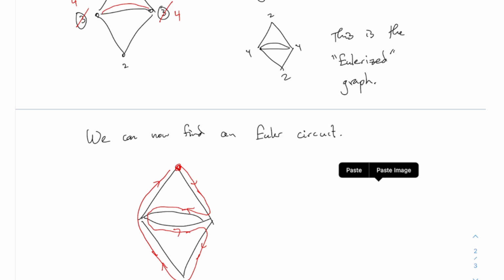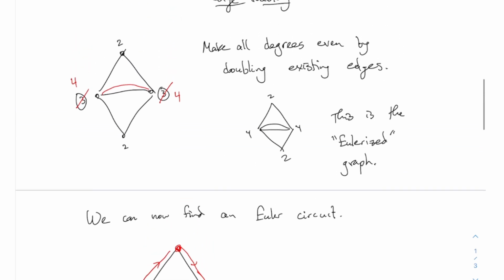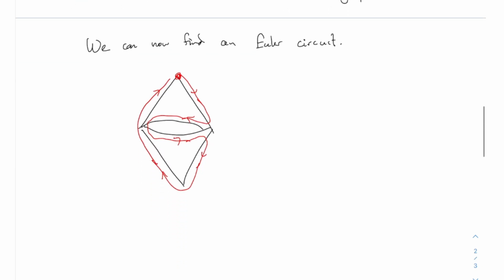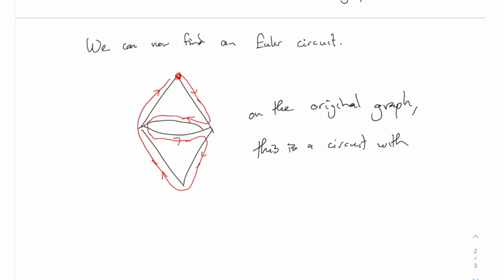What's the point of all this? Remember, really what we're looking for is a circuit on the original graph. So this is an Euler circuit on the Eulerized graph. On the original graph, this is a circuit with one edge repetition, because we're going across the middle twice there, right?